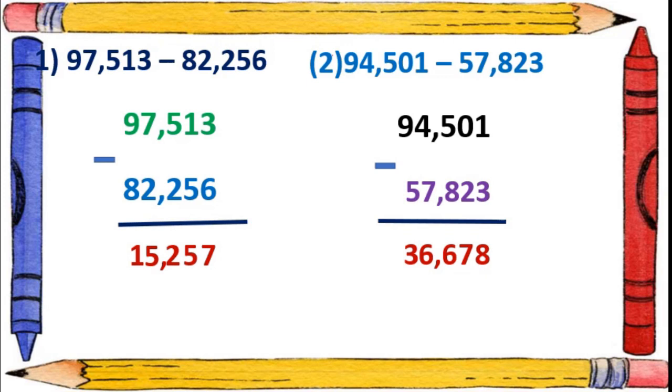So the answer is 36,678. Yes, like this you have to remember the borrowed ones and what remained and all that in your mind, and you have to carry out the subtraction. If you practice, it will become very easy to do the subtraction. Okay.